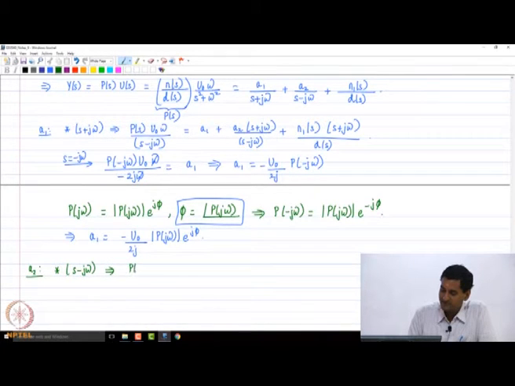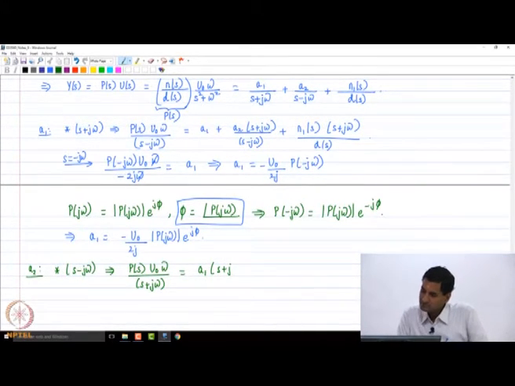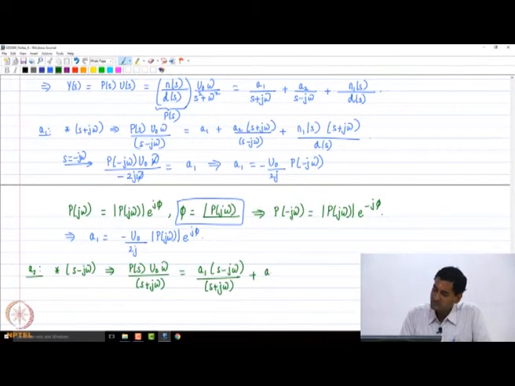So I will get P of s u naught omega divided by s plus j omega equal to A1 times s minus j omega divided by s plus j omega, plus A2, plus n1 of s times s minus j omega divided by d of s.